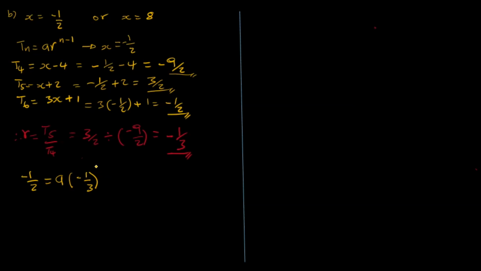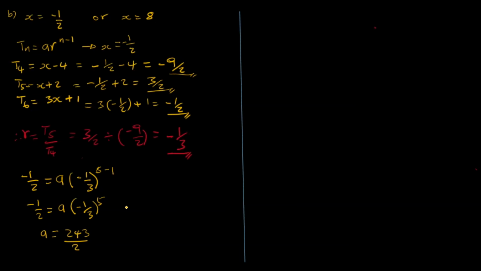Therefore, we know the value of N, which is 6, so 6 minus 1. So minus 1 over 2 is A times minus 1 over 3 to the power 5. If you divide both sides by minus 1 over 3, all raised to 5, A will be 243 over 2.